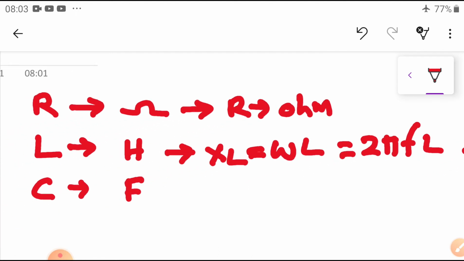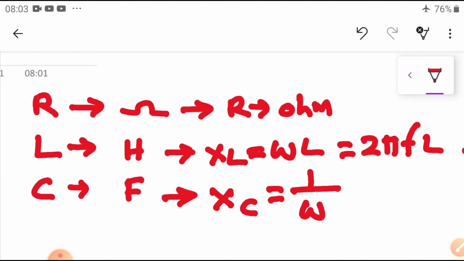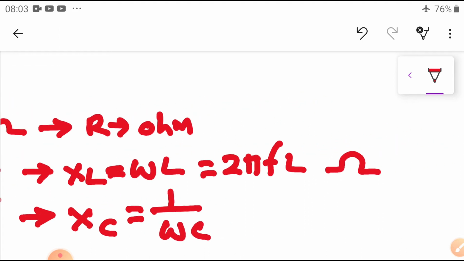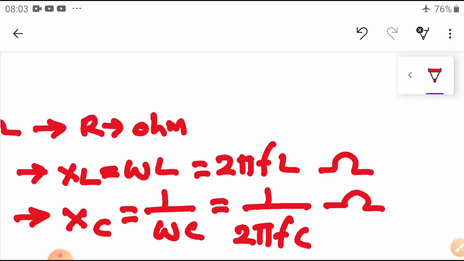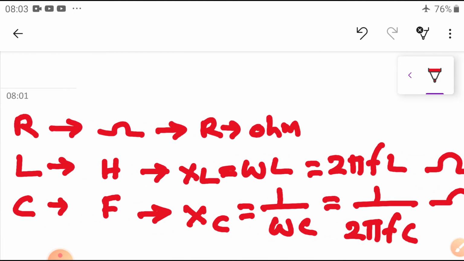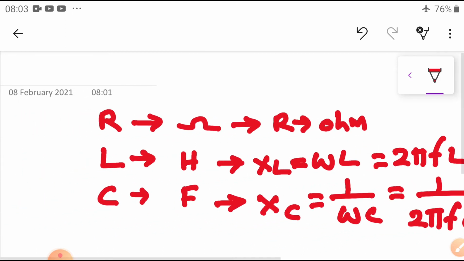Now, coming to the farads, it becomes XC, capacitive reactance, that is equal to 1 by omega C, which we can write as 1 by 2 pi f C. What is the unit? Ohmic value.